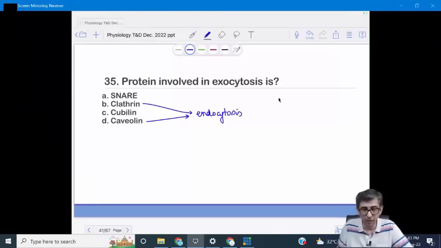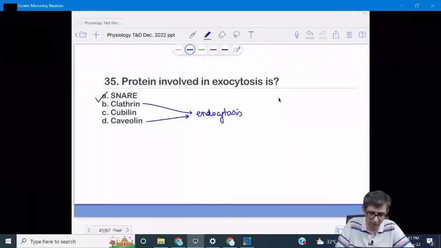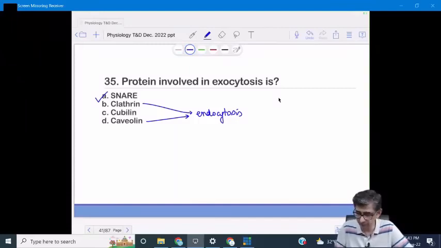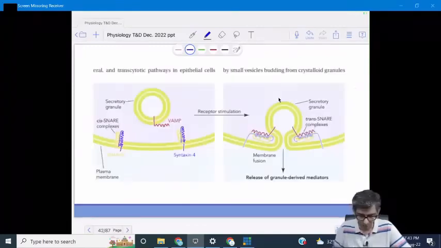I think I've solved half the question for you guys. The protein involved in exocytosis would be option number A. That would be the snare proteins. Okay, तो complex diagrams बने होते हैं, but the point is snare proteins are for exocytosis.